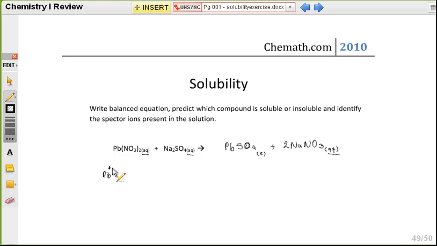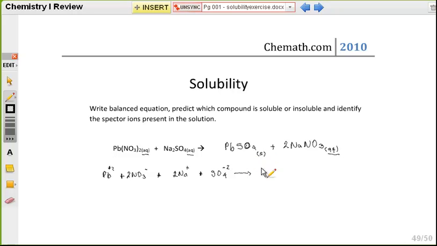Pb with a 2+ charge, plus two NO3 ions, plus two ions of sodium, plus one ion of sulfate, and that produces lead sulfate.